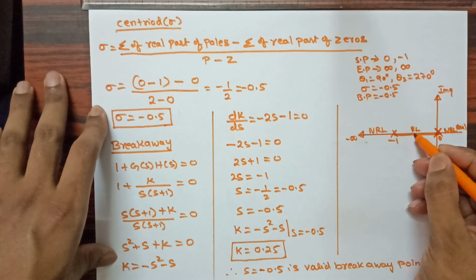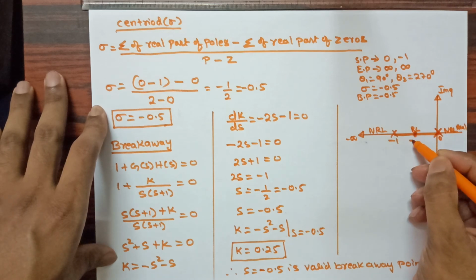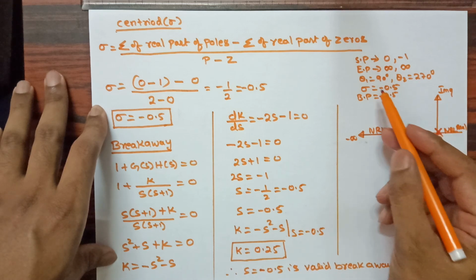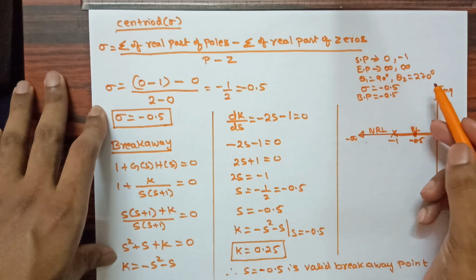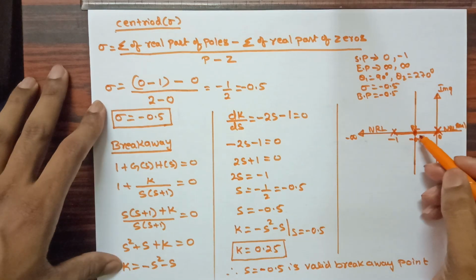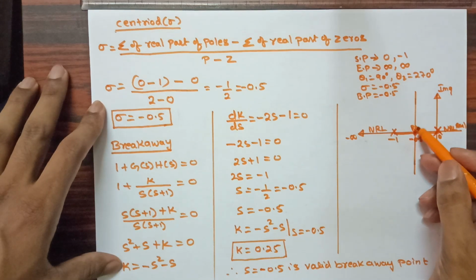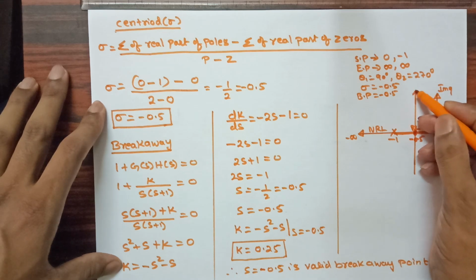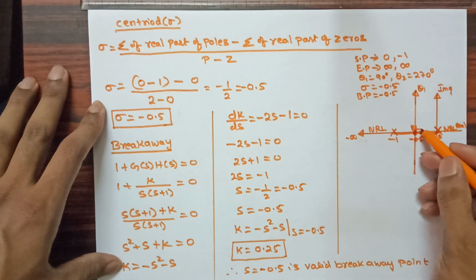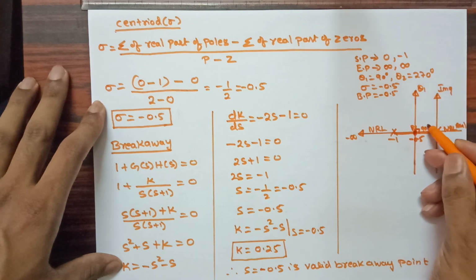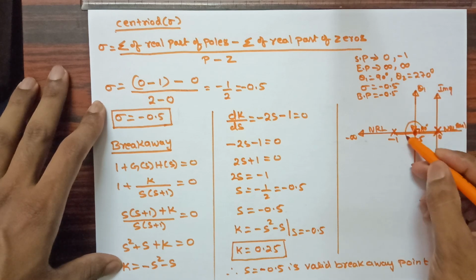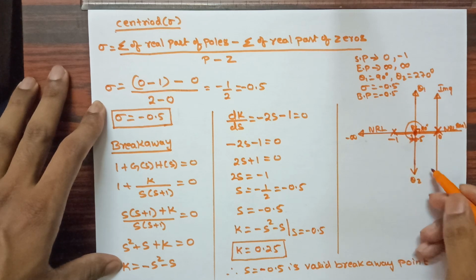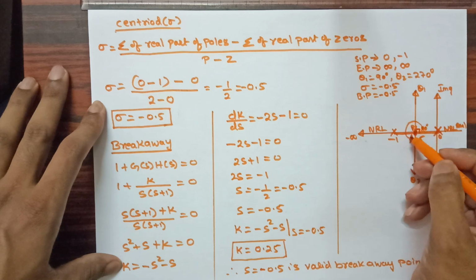I'll consider that centroid value -0.5 here, and I'm going to draw the two angles, 90 degrees and 270 degrees. Considering the centroid point, I have drawn theta 1, that is 90 degrees, and then 270 degrees, this is theta 2.